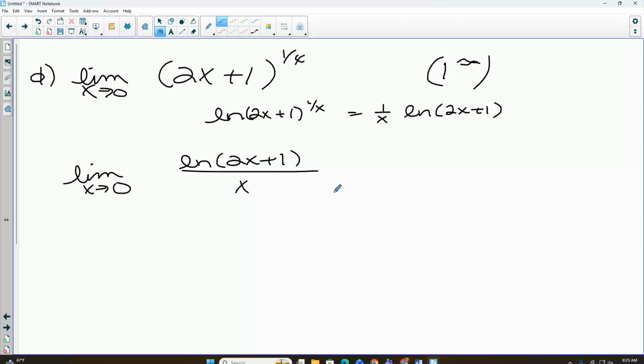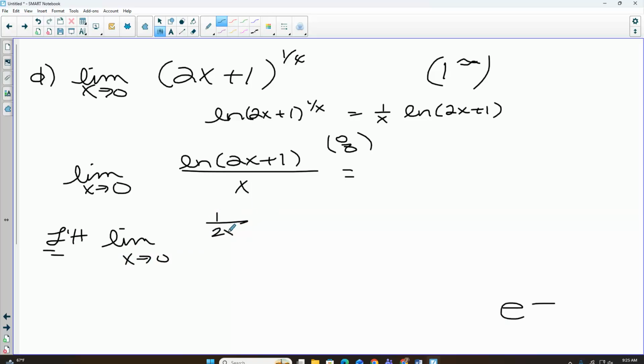But we do have to remember, if we add a natural log, what else do we have to do? Add a natural log to the other side as well. Okay. So if I plug in right now, natural log of 1 is 0 over 0. Can't do that, so we do L'Hopital's. Derivative of natural log is 1 over the argument, but you do have to do chain rule. Derivative of the inside is 2 over derivative of x is 1.